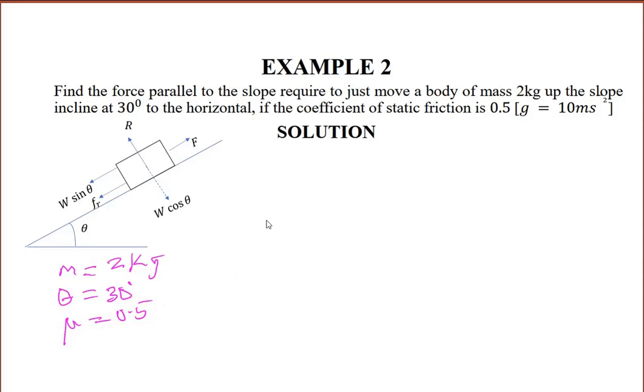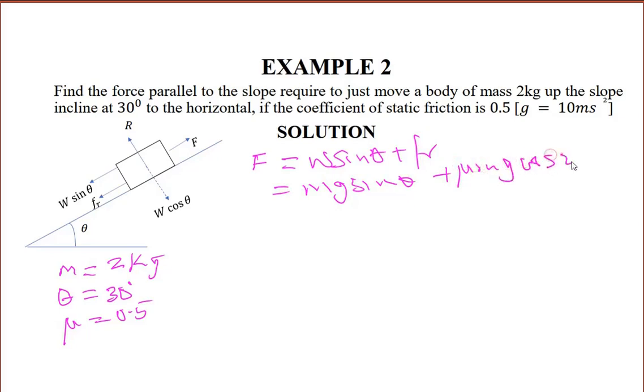Now, the body is showing a tendency to move up. The force moving it up is F, which equals the force opposing that motion, which is W sine theta plus the frictional force. That will give me mg sine theta plus mu mg cos theta.